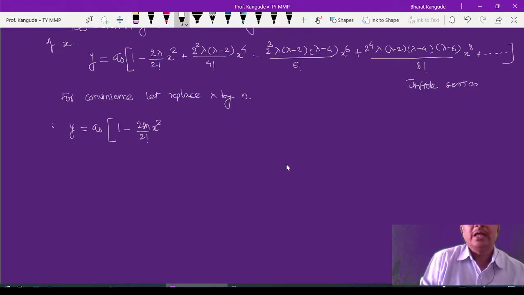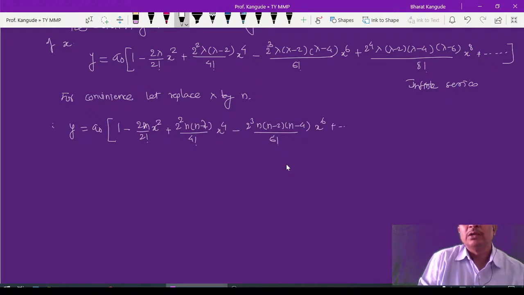So it is y equal to a0 into the bracket 1 minus 2n upon 2 factorial x square, plus 2 square into n multiplied by n minus 2 divided by 4 factorial into x raised to 4, minus 2 cube into n multiplied by n minus 2 into n minus 4 divided by 6 factorial into x raised to 6, plus 2 raised to 4 into n minus 2 into n minus 4 into n minus 6 divided by 8 factorial into x raised to 8, and so on.